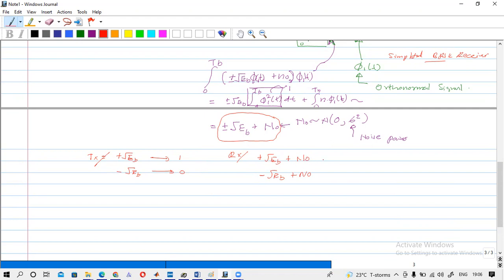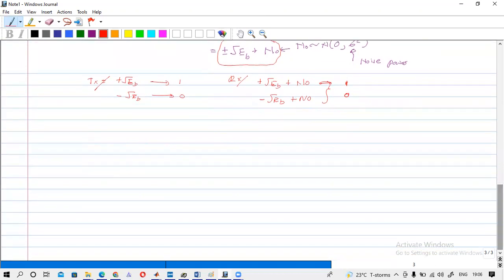So here you have to decide whether these received symbols are 1 or 0. To decide it, you have to use a decision boundary and decode it.